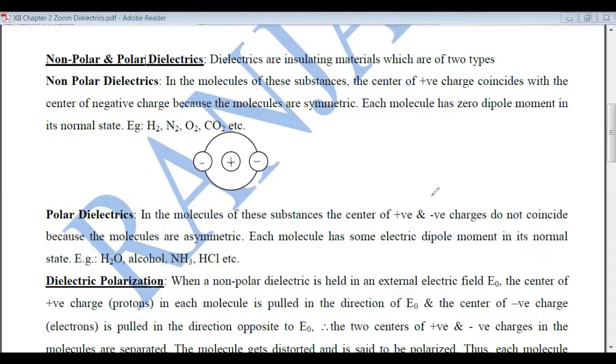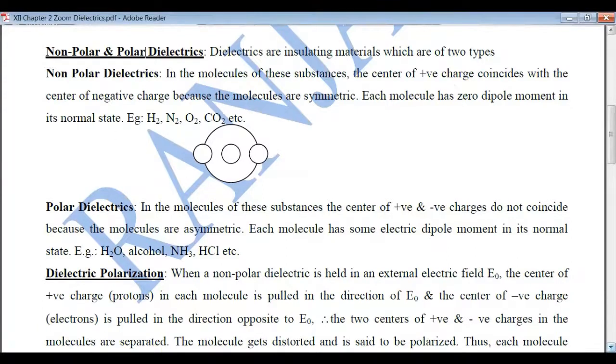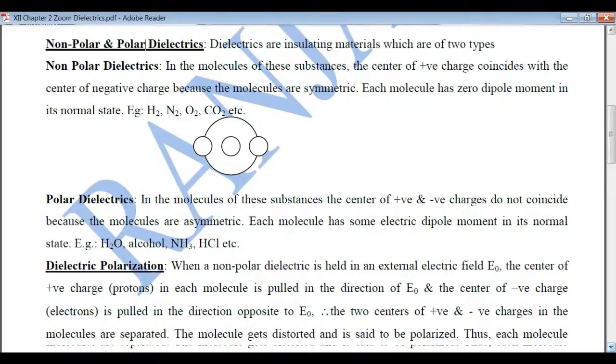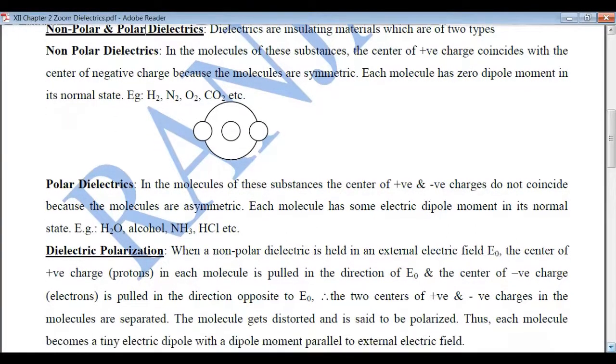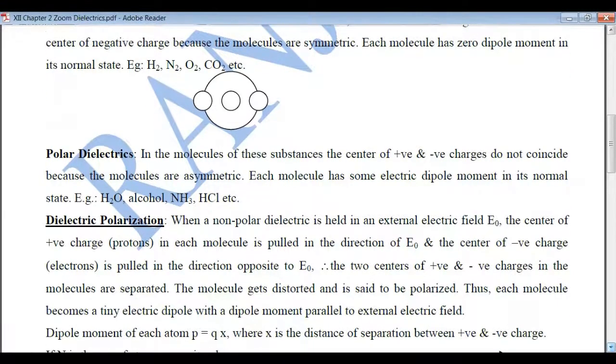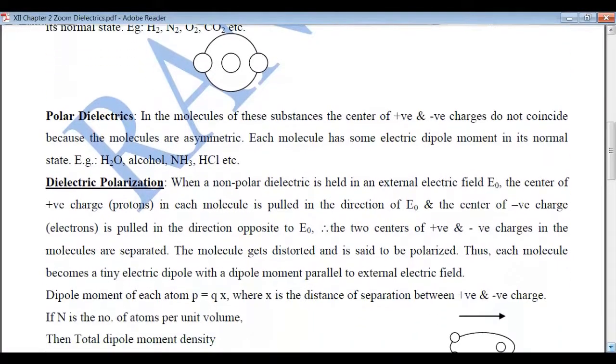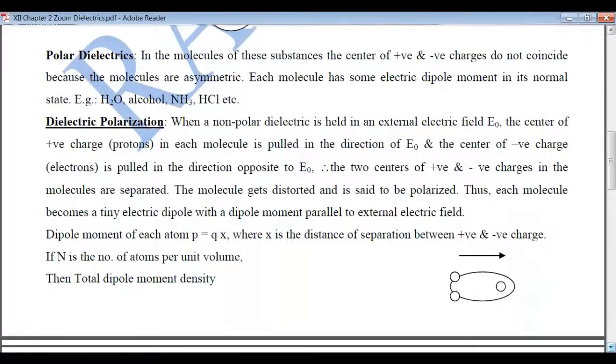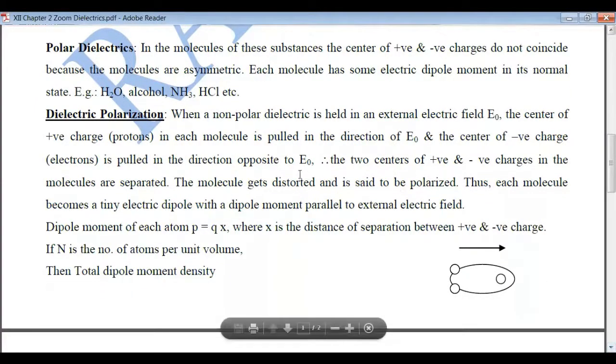Now next we'll study dielectric polarization. Dielectric polarization means that if a non-polar dielectric molecule is polarized, made into a polar dielectric molecule, this phenomenon is called dielectric polarization. How can we polarize it? By placing it in an external electric field E0.